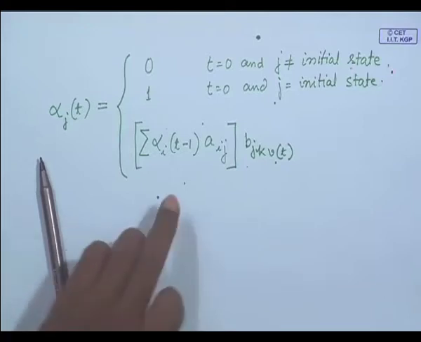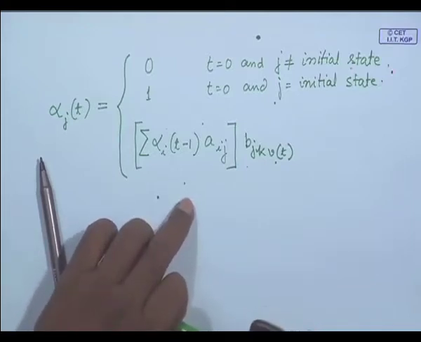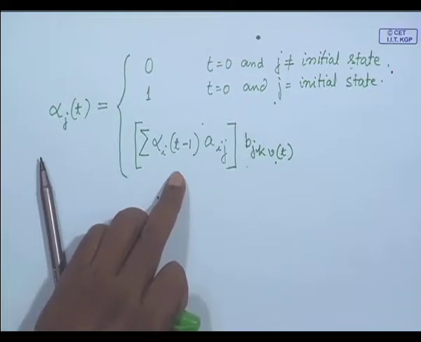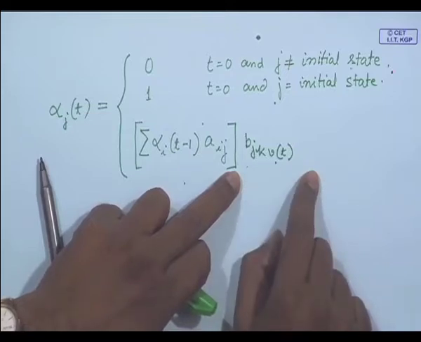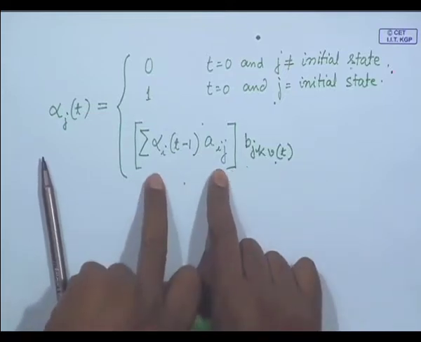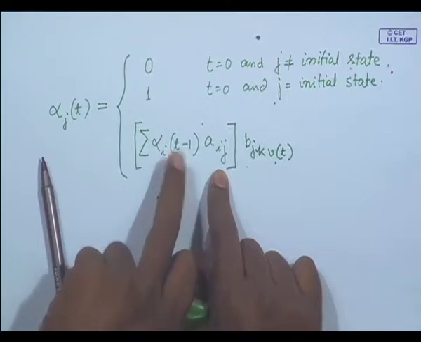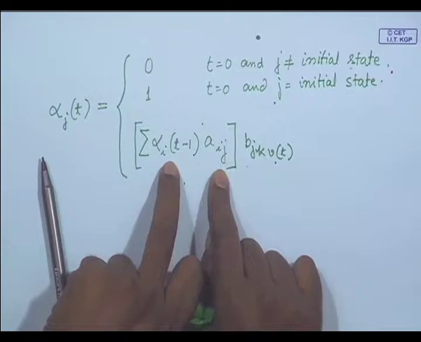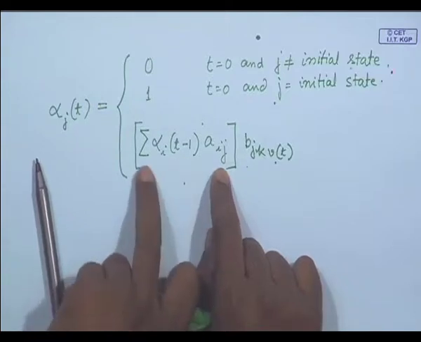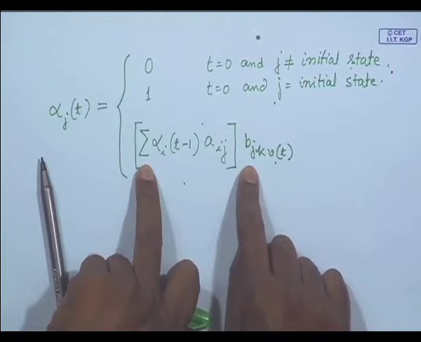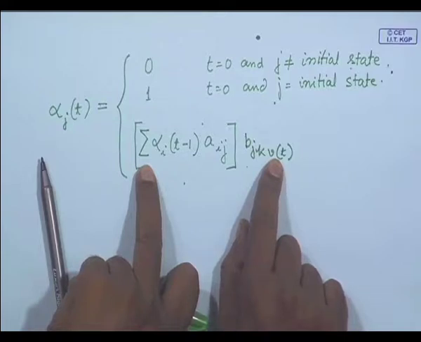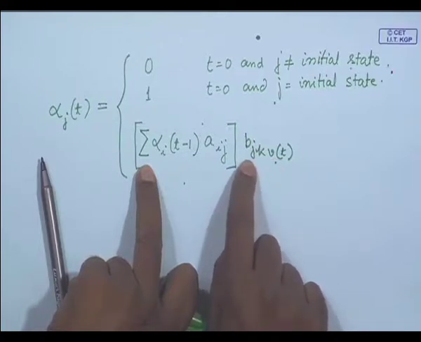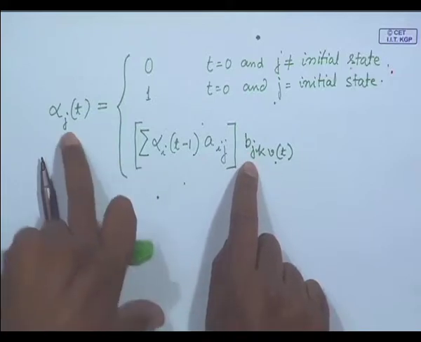Otherwise alpha j t is given by the sum over i of alpha i (t minus 1) into a i j times b j k v t. This tells you the transition probability from all the states at the previous time step t minus 1, multiplied by the emission probability of the t-th symbol from state omega j. That is what alpha j t is.